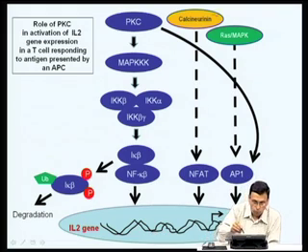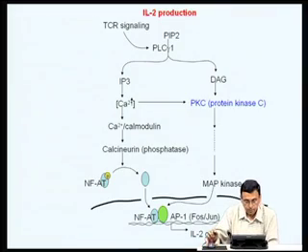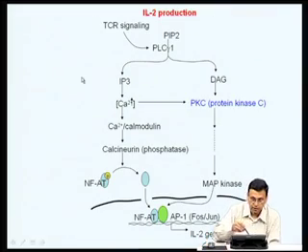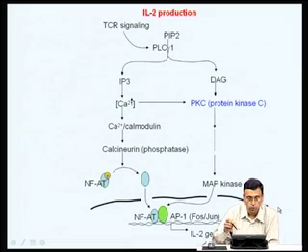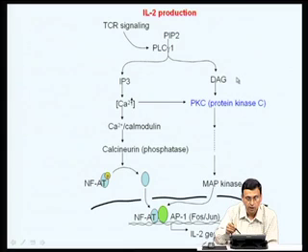Now, I want to spend maybe 1 minute on this calcineurin pathway because it has a very important role in certain biomedical applications. This is a cartoon, a very simplified version of what I have just told you. During T cell receptor signaling, phosphatidylinositol bisphosphate is cleaved by phospholipase C into inositol triphosphate and diacylglycerol.